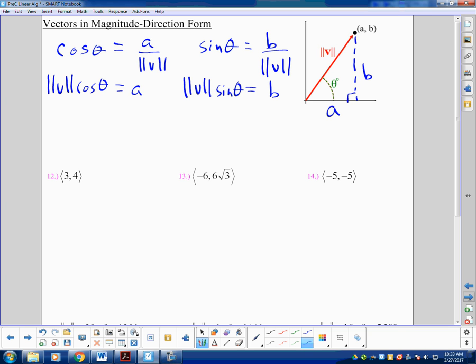How would I get the magnitude of this? We could even draw a picture if you want. 4 up, 3 over. Do you recognize this guy? 3, 4, 5, yes. So the magnitude V is equal to 5. Now, do you recognize this in terms of an angle theta?